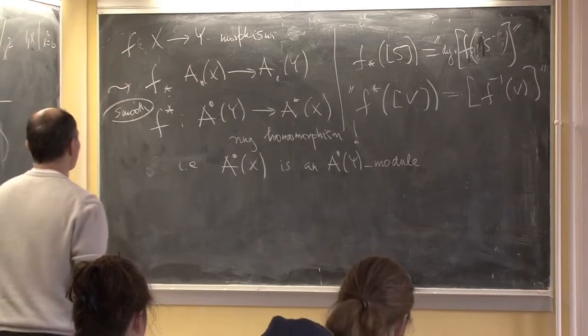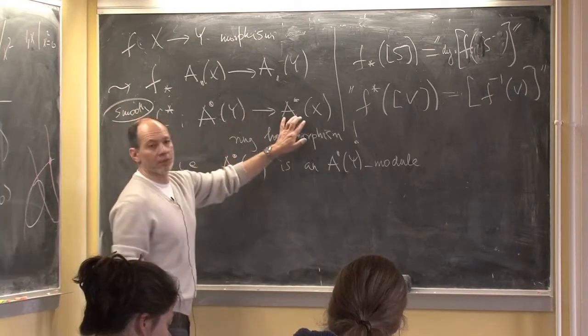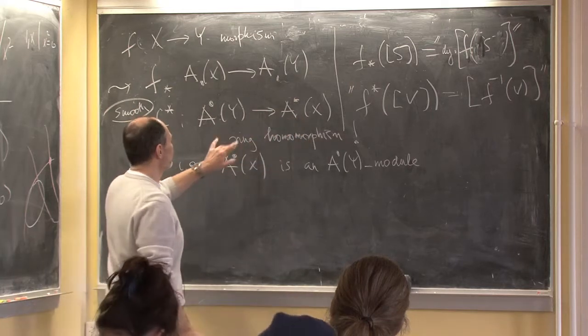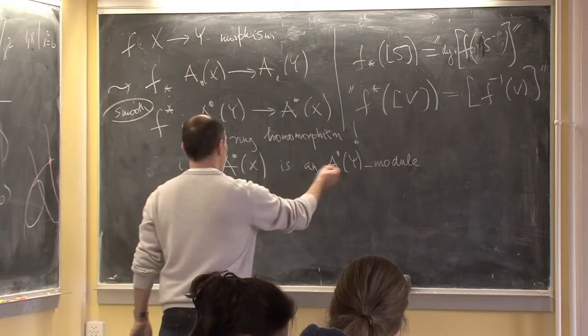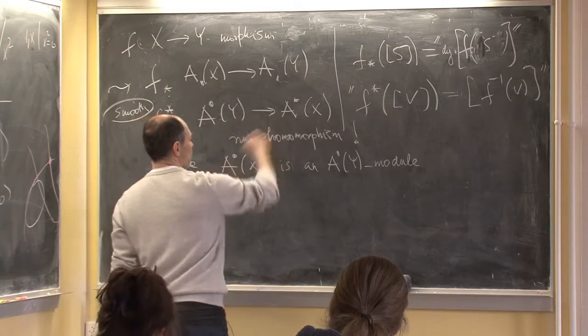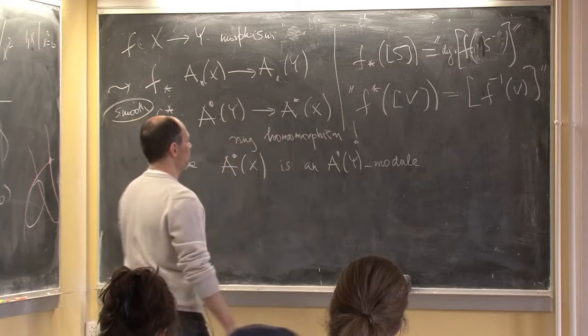Okay, so when I say ring homomorphism, I can define a module structure of A(X) by this image here.